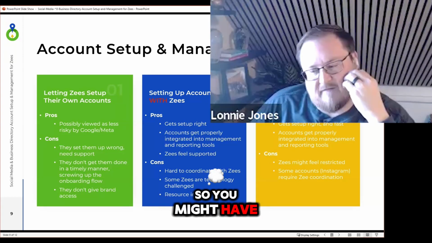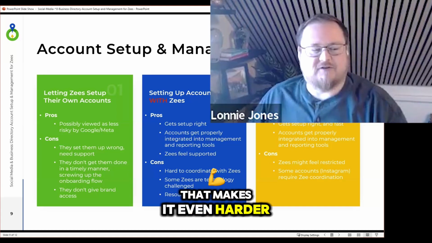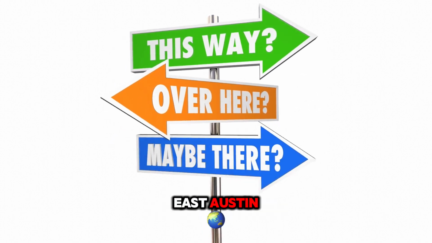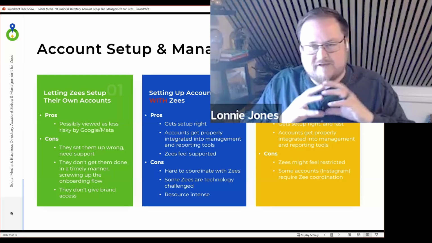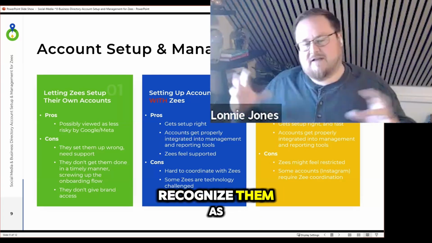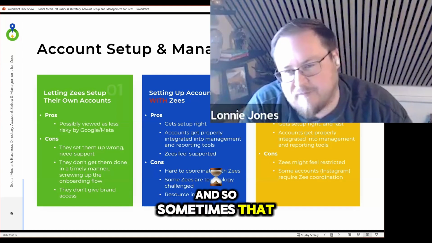There are multiple franchisees in Austin. I know. Well, that makes it even harder. So now you want to break down the geographic region of Austin: North Austin, Northwest Austin, East Austin. Sometimes these geographic areas have nicknames that aren't really official names, but people recognize them as certain parts of these different cities. And so sometimes that would be okay.